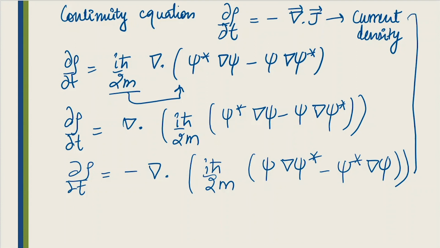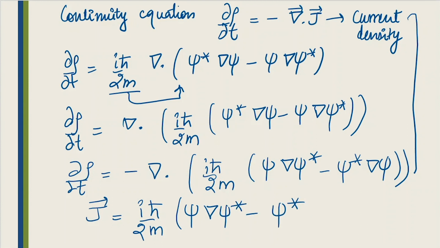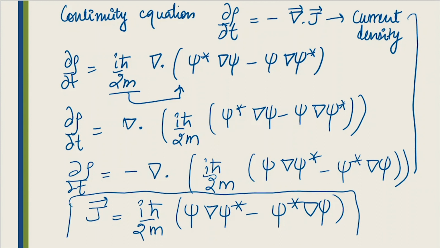If we compare this expression with the equation of continuity, we find that the expression for j will be iota h cross by 2m times psi del psi star minus psi star del psi. This is our expression for the current density. So this is the expression for the probability current density.